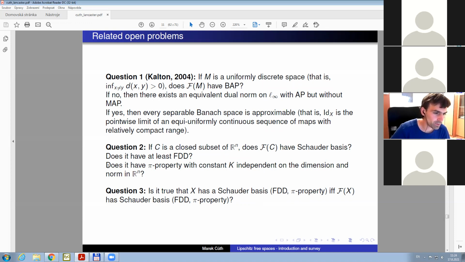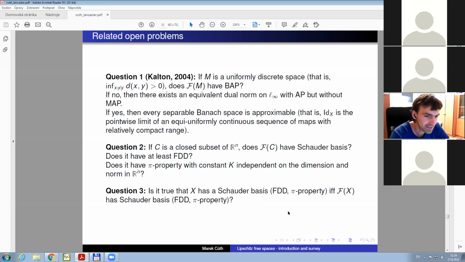And the question here is related to the case of the pi property. Godefroy and Kalton in their proof use that the Lipschitz free space over X has MAP, no matter what finite dimensional Banach space X you take, and something similar would be needed for the pi property. Okay, so those are some results and questions concerning approximation properties.